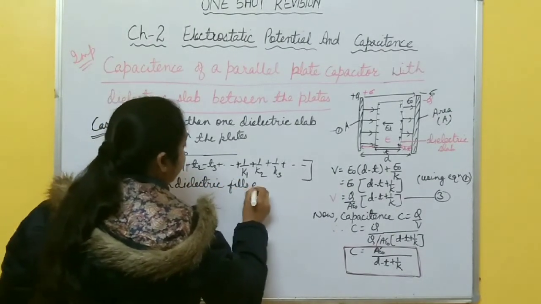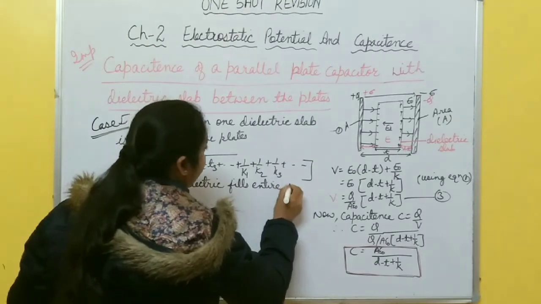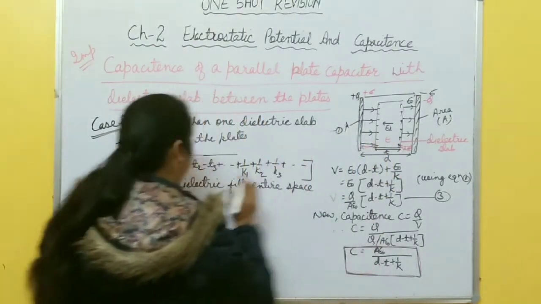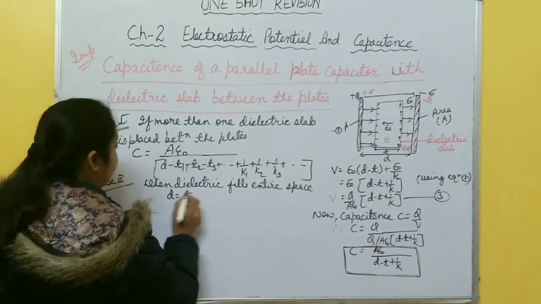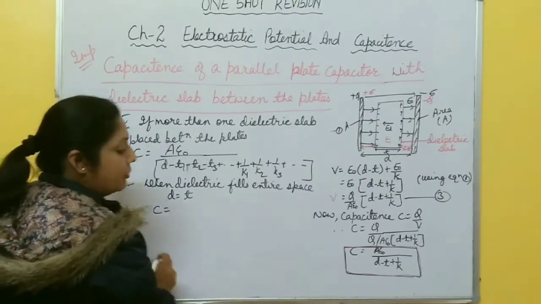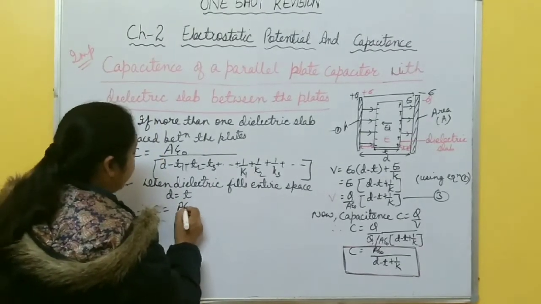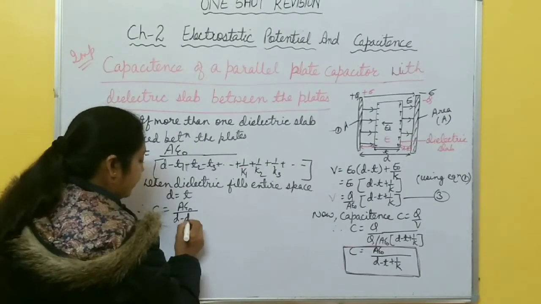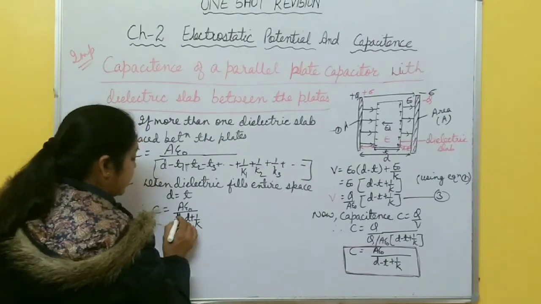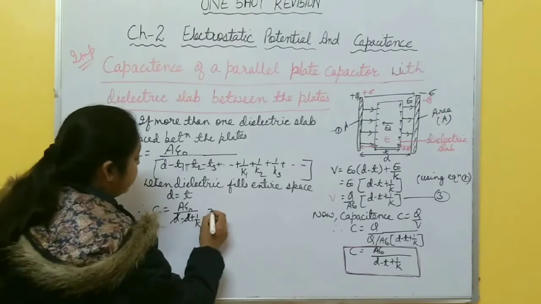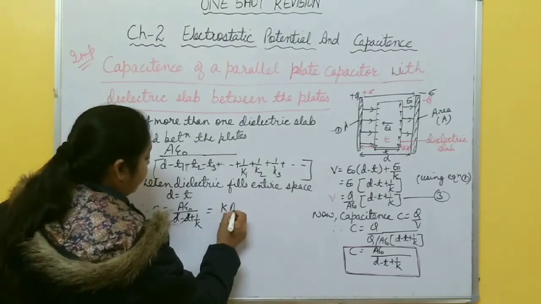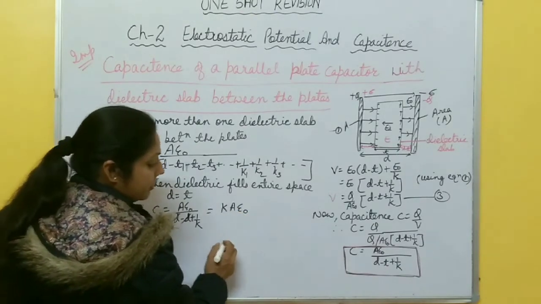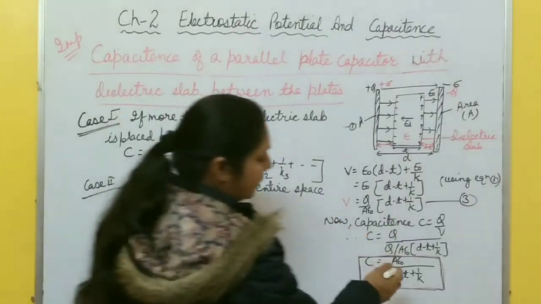Entire space means in that case t equals d. Then the capacitance C becomes, when t equals d, A epsilon naught by d minus t, where t is also d, plus 1 by K. This d cancels, and then this becomes K A epsilon naught. Okay, I think I have done something wrong here.